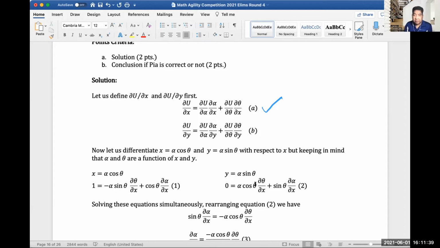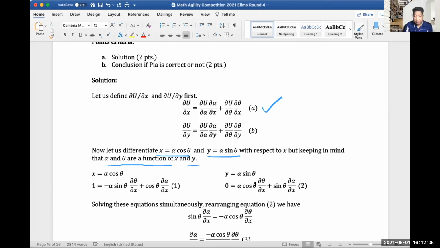Okay, let's now differentiate x equals alpha cosine theta and y equals alpha sine theta with respect to x, keeping in mind that alpha and theta are functions of x and y. So these are both functions of x and y, which are both functions of alpha and theta. So we would have for x equals alpha cosine theta.